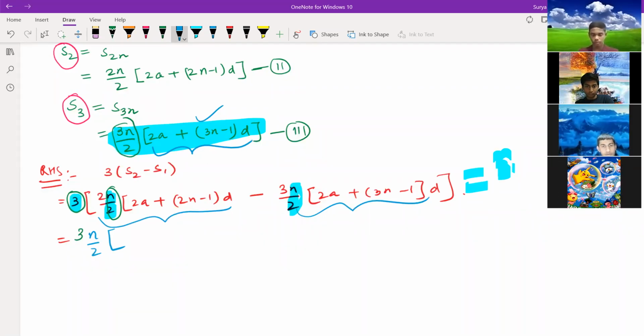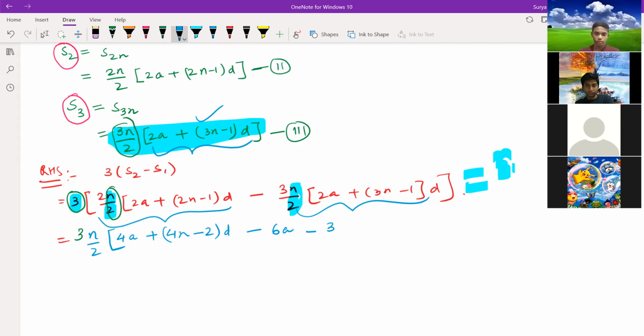So 3n by 2 we write as it is. Now 2 you multiply inside: 2 2s are 4, 4a plus, 2 2s are 4n minus 2, into d. Minus 3 you multiply inside: 6a. Again 3 you multiply inside, so you'll get minus 9n, in bracket only, and minus 3n minus 3 into d.